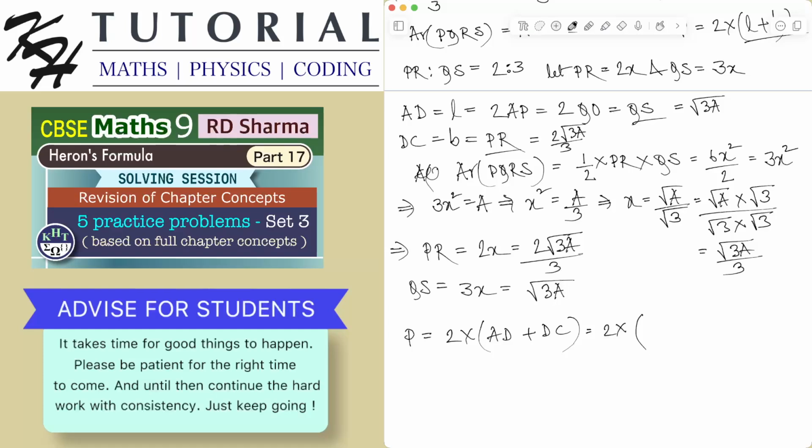So then the perimeter becomes 2 into AD, square root of 3A, plus DC, twice square root of 3A by 3.